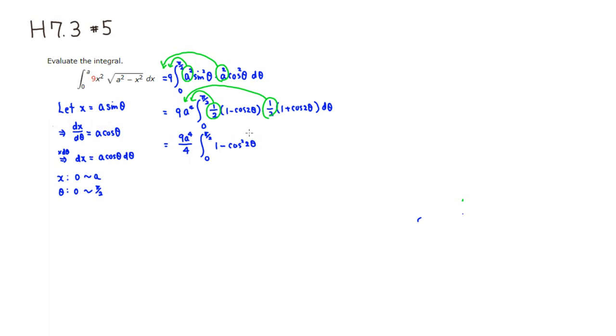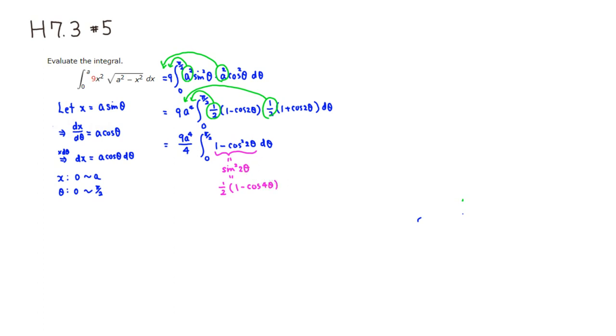But this can be rewritten as sine squared of 2 theta. Then we can do the trig identity again, so we can write it as 1/2 times 1 minus cosine of, you have to double that, 4 theta.